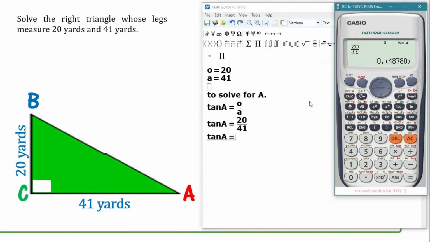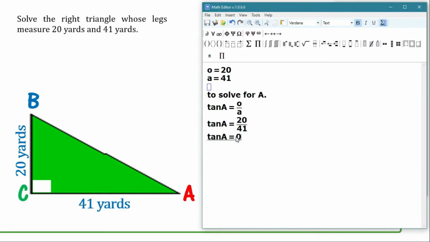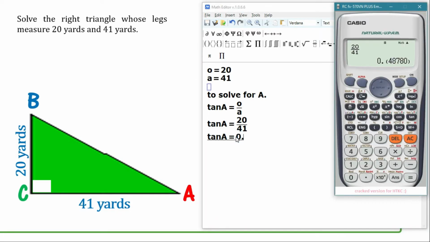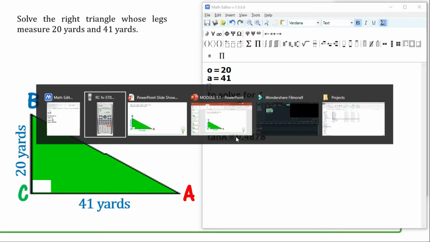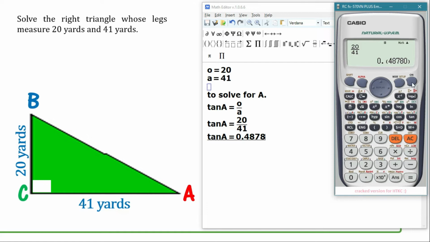0.48780. So, mas maganda kung 4 decimal places yung gagamitin natin para mas accurate tayo. Okay? So we have 0.4878. Okay. So, that's it.